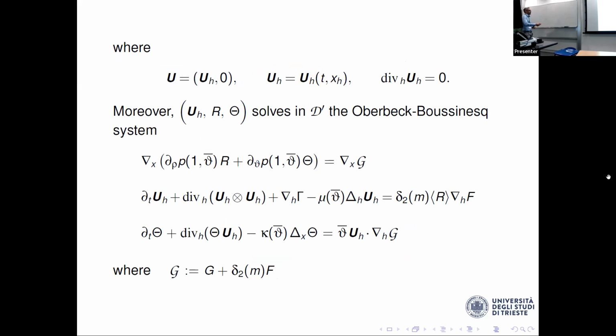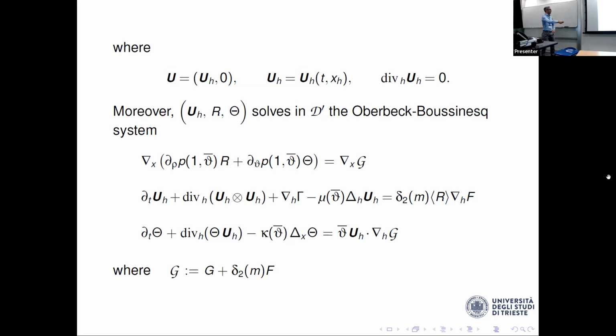Moreover, the triplet, the target velocity, the target density R, and the target temperature capital Theta solve in the sense of distributions the Oberbeck-Boussinesq system. That is the following one. We have the Boussinesq balance, that is a balance between the target density and the target temperature with the external forces. Here in this script G, we have the gravity and also the centrifugal force.